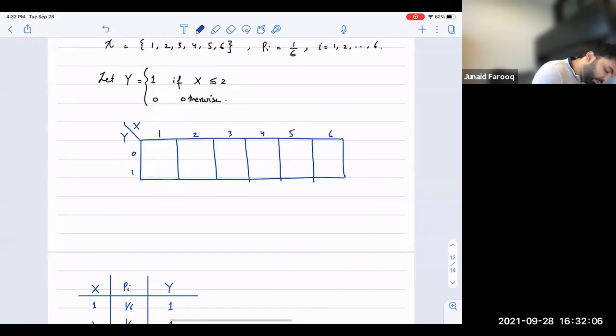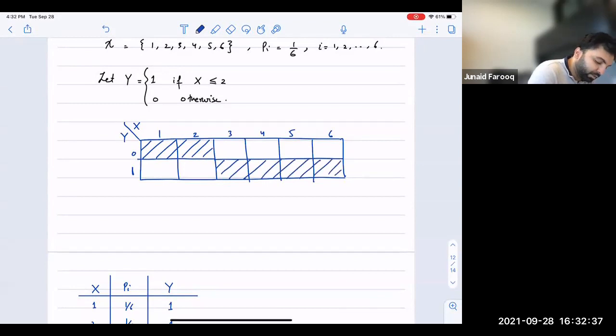Y can only be 0 or 1. And when X is 1 or 2, Y is 1, so Y cannot be 0 here. It's not possible. Again, these are not possible, so we only have 6 possibilities. These are, again, 1/6 probabilities.